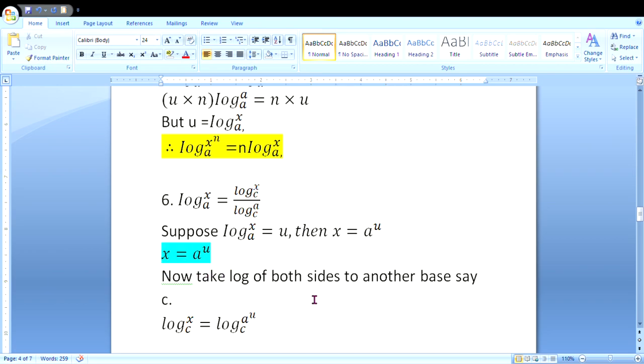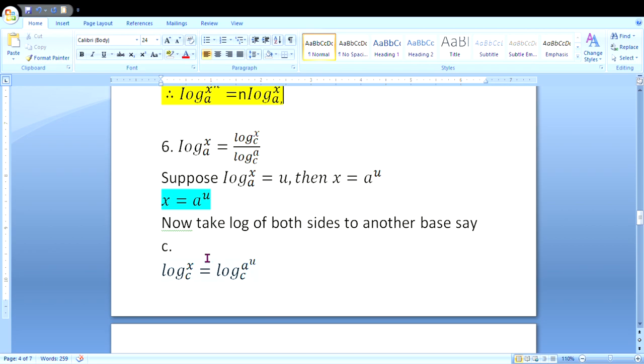Now because we are trying to obtain another logarithm to another base, we take the log of both sides to a new base, in this case c. So this becomes log x to base c is equal to log a raised to the power u to base c.